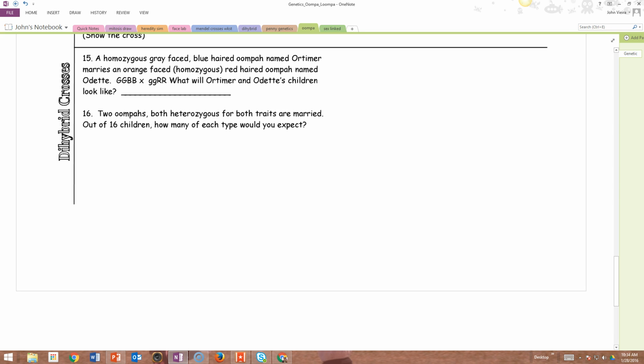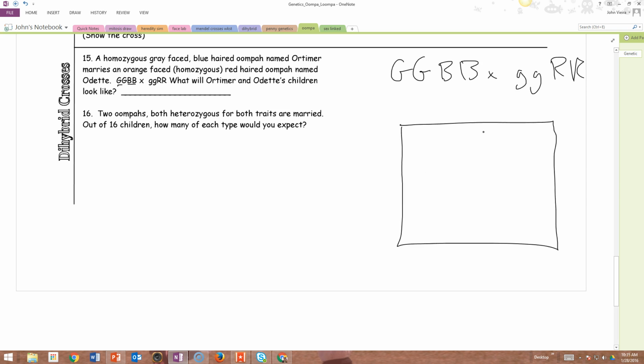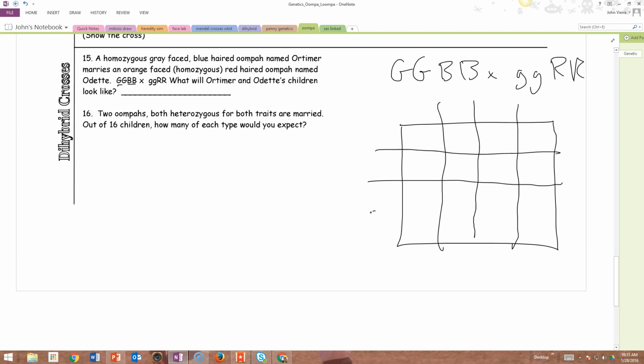Okay, so a homozygous gray-faced, blue-haired Oompa married a homozygous orange-faced, red-haired. So you've got this genotype. You can do the Punnett square if you want to, or you can use common sense to figure it out. If you set up this Punnett square by FOIL, you'll notice each parent can only produce one type of gamete.